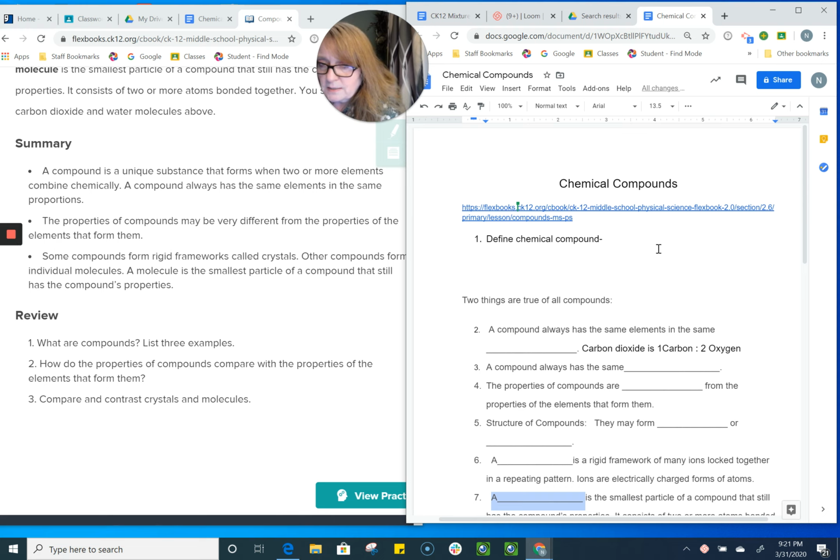It cannot be physically separated like a mixture. It has to be chemically separated. And the substances that make up the compound have properties that are different from the new compound that's formed. Okay. All righty. So that's kind of a brief overview of elements, compounds, and mixtures.